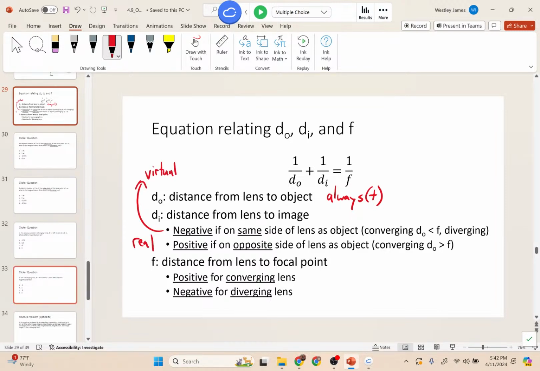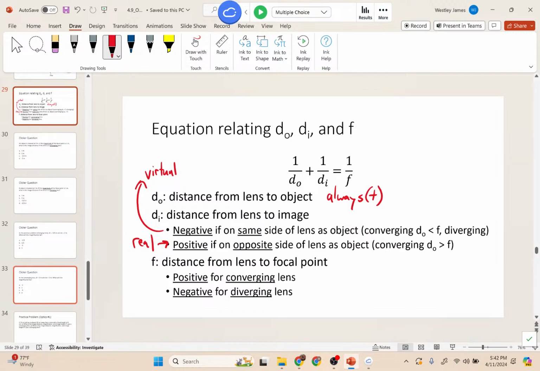Real. That's the way to remember this, y'all. If you're working with mirrors, the same rule holds. If the light rays come together, DI is positive. If the light rays don't, DI is negative. Does it actually happen? Is the image actually there, or is it a fake thing, i.e. virtual? So that's the way I remember this.